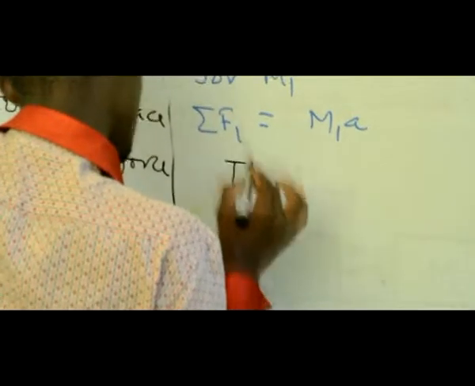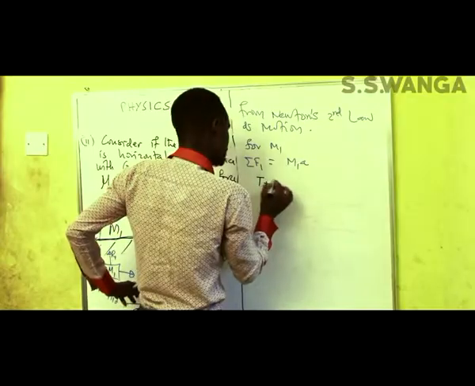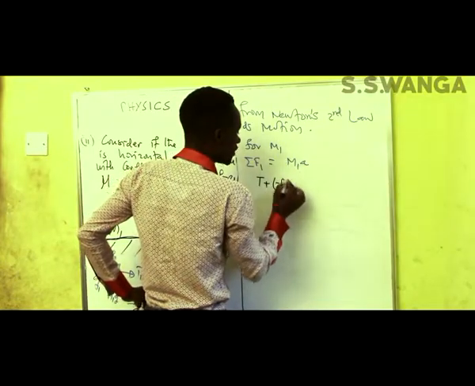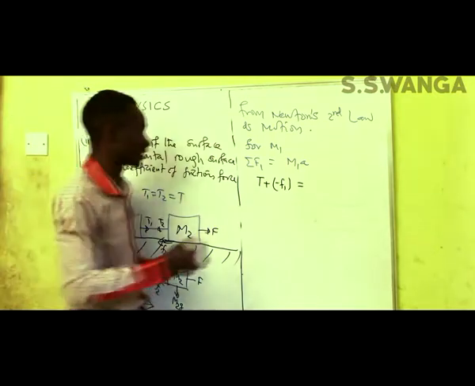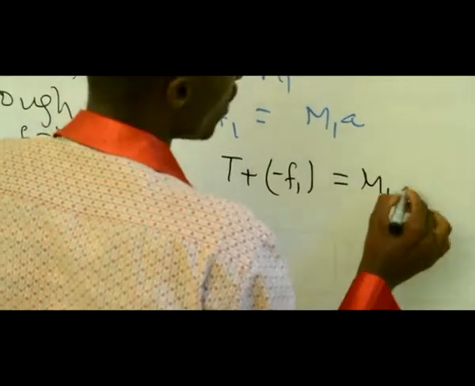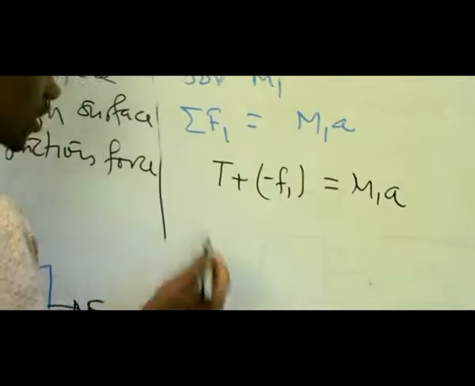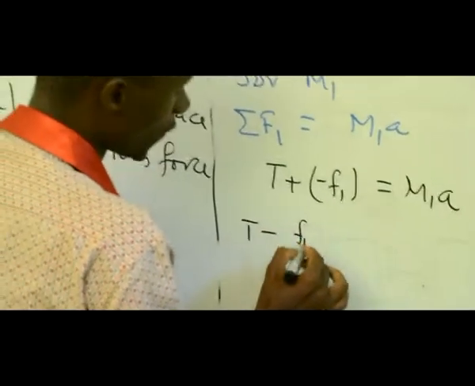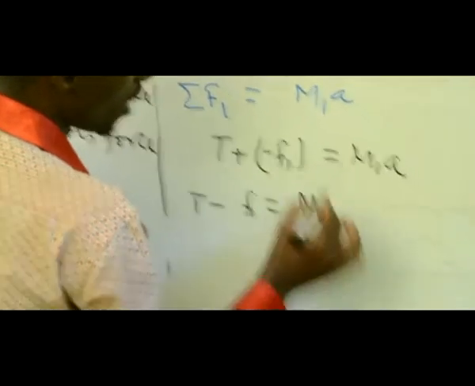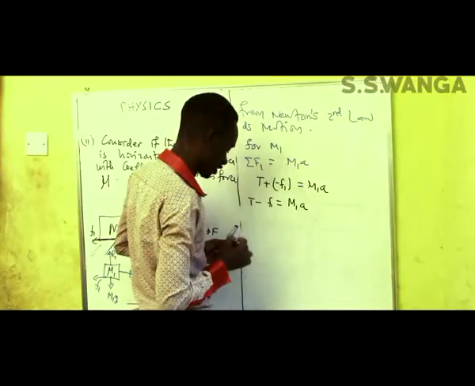So this equation becomes tension T plus negative F1, because friction force F1 opposes the motion, equals mass 1 times acceleration. This equation becomes T minus F1 equals m1 times acceleration a.